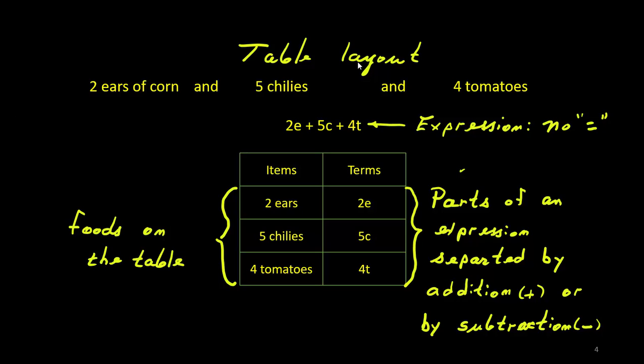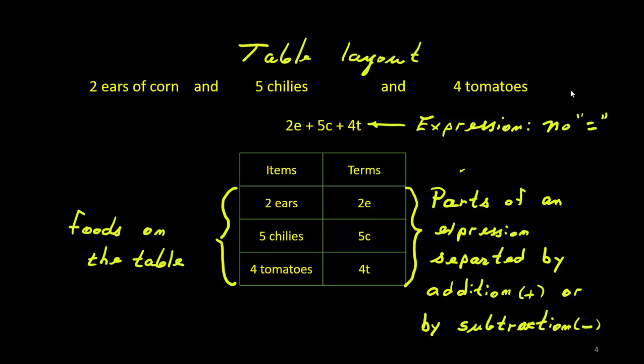At the top of this slide, we have the original table layout in words: 2 ears of corn and 5 chilies and 4 tomatoes. We condensed the words into letters. So instead of saying ears of corn, we wrote an E. So 2 ears of corn becomes 2E. 5 chilies becomes 5C.